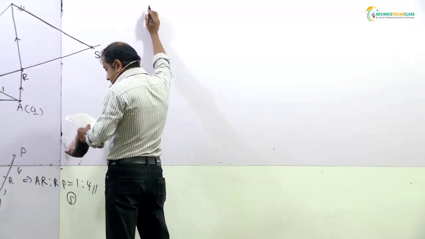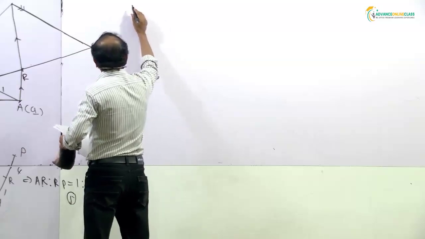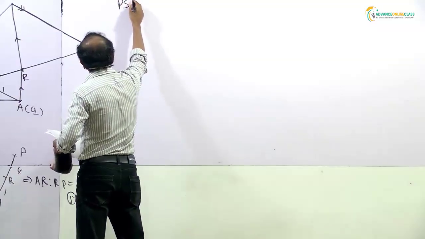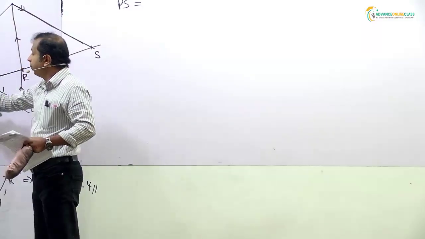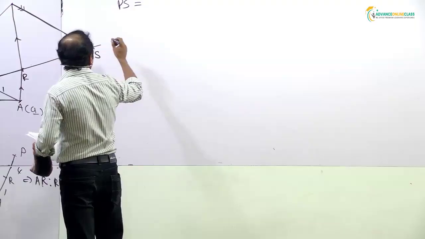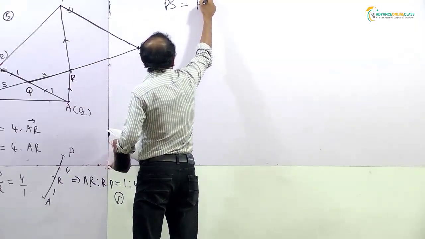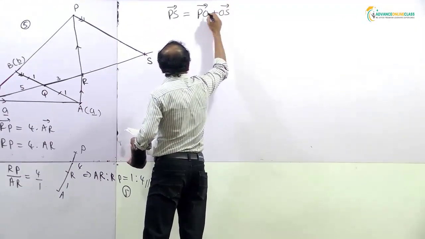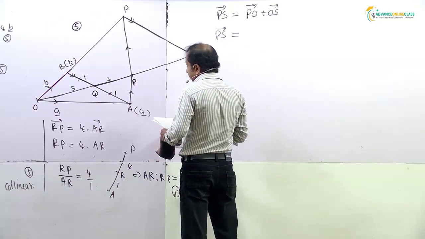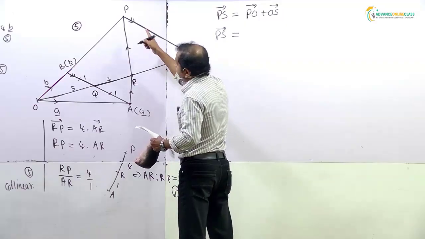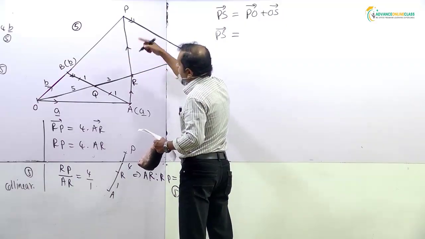We can first write the PS vector as PO plus OS. PO is minus OP, that is minus OB, plus OS.